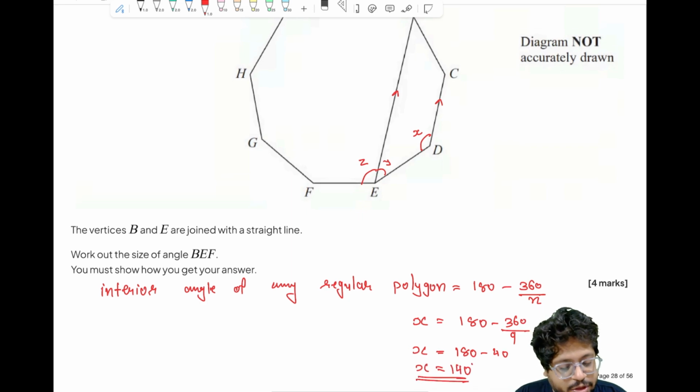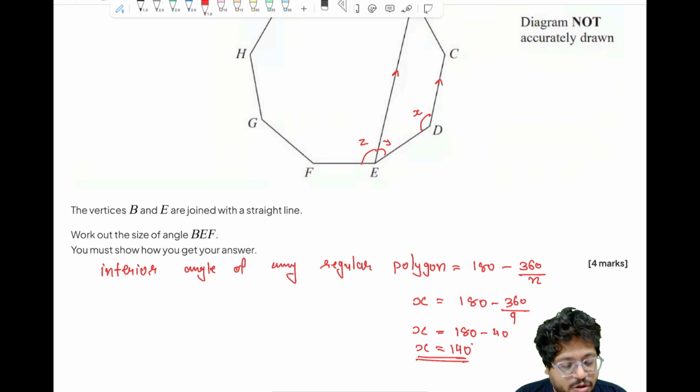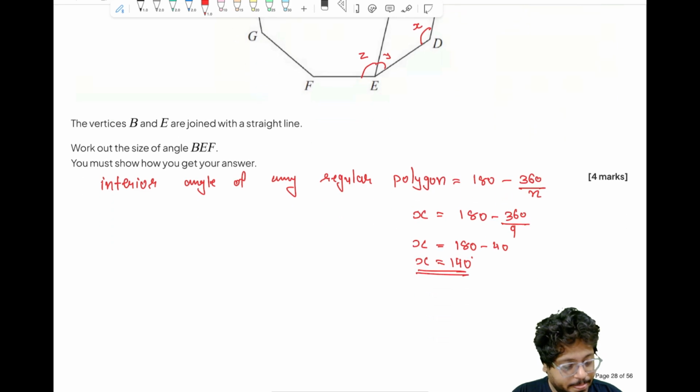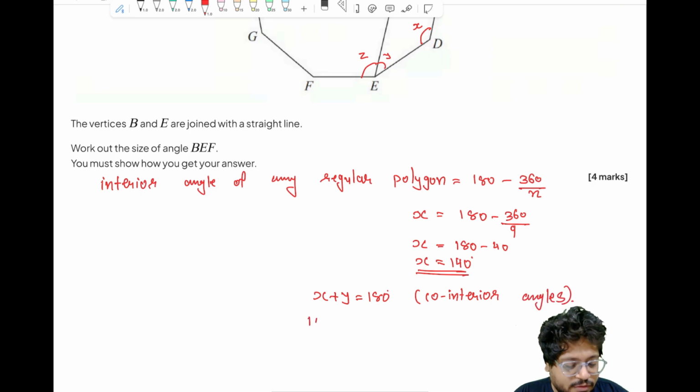So we found x now, and x and y are co-interior angles because these two sides CD and BE are parallel to each other. Why are they parallel? It's a property of a regular polygon that if you join these two vertices B and E, it will be parallel to CD. So x plus y is equal to 180. The reason is co-interior angles. So x is 140 plus y is equal to 180. So y is 180 minus 140, which is 40 degrees.